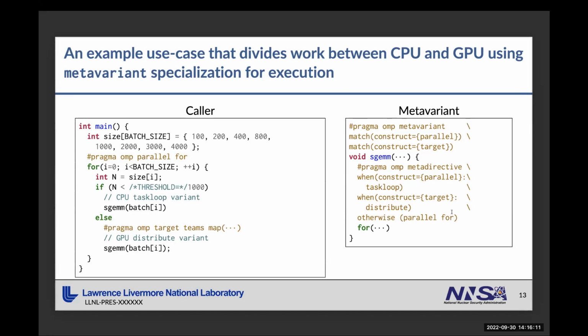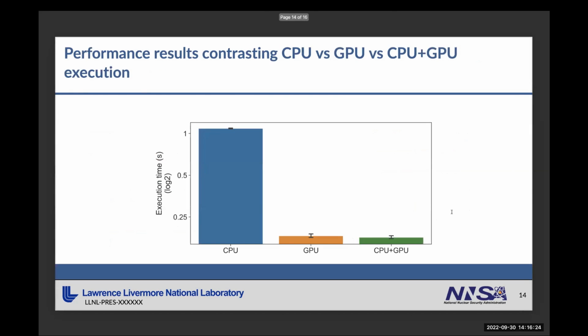Meta variant does some selection. It says, okay, if we're in parallel or target, we'll select different variants, and we'll either do parallel 4 or we'll do distribute parallel 4. Now, doing just the CPU for this particular application is not a fantastic plan because this is SGEMs.